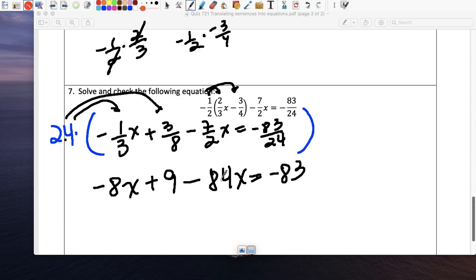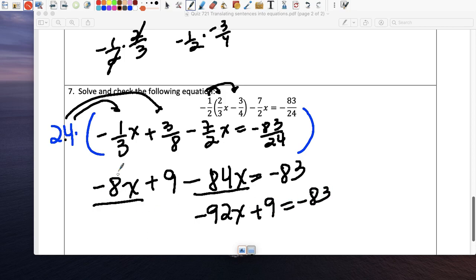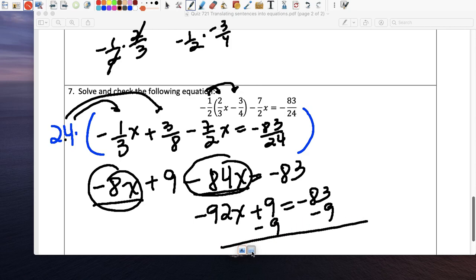I like this better. Okay, so combine like terms, I can combine these two. It gives me negative 92x plus 9 equals negative 83, right? Combine this with this, they're like terms, and then plus 9. Minus 9 on this side, minus 9 on this side. Uh-oh, look what I get.